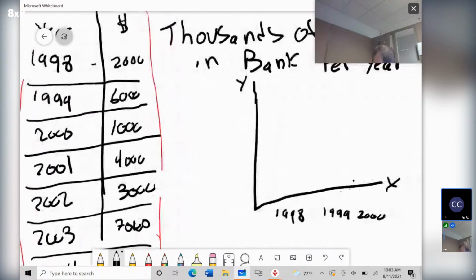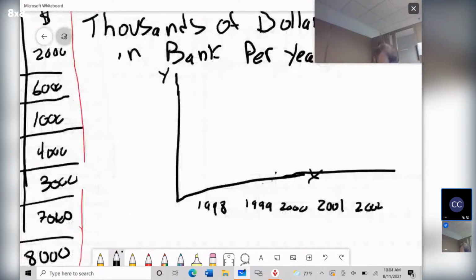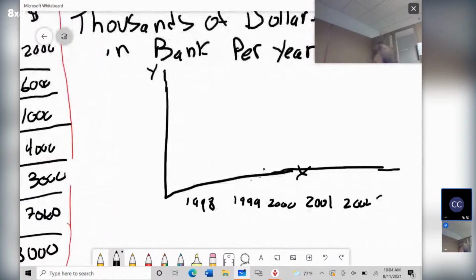I'm going to have to make this over a little further. 2001, 2002, and 2003, and 2004. Okay, so those are all the years.